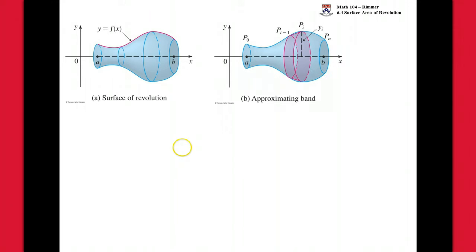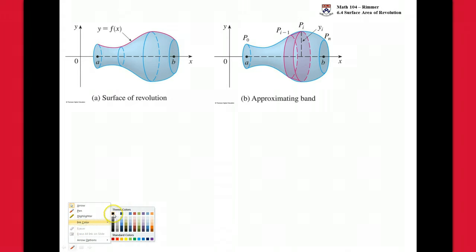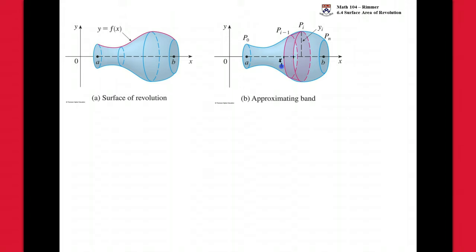And we look at a typical band, where we have the subinterval from some x_{i-1} to x_i, so the subinterval is some band from here to here, and we have these 2 points, the y values, f of x_{i-1} and f at x_i, and we'll call that y_i.